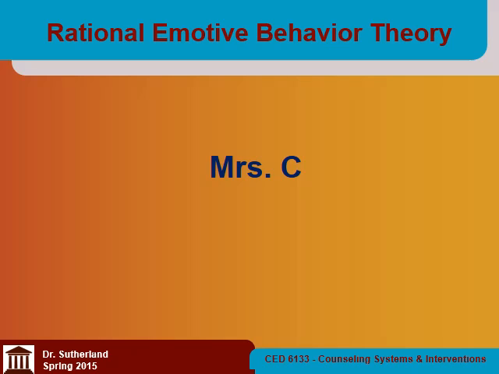So if we look at Mrs. C, what would be her masturbatory thinking patterns? Where would they fall? We could say that she does do some of the musts and the shoulds and the oughts and the have tos. For example, her thinking pattern could be, I must behave perfectly in order to be worthy as a human being. And so that is going to be tied to her perfectionistic beliefs.